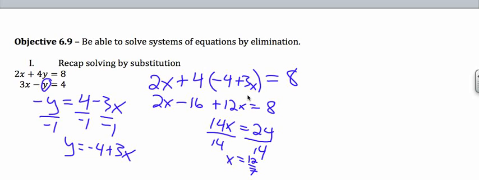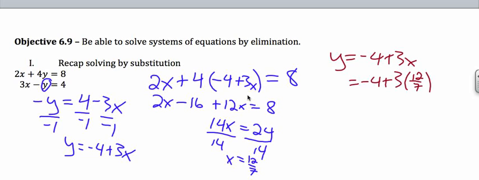So now we go back to where we had y equals negative 4 plus 3x. We take out the x, and we write 12 over 7. And we could probably at this point just type negative 4 plus 3 times 12 over 7 into our calculator, and it would give us an answer, and we could have our calculator make it into a fraction for us. I prefer to do it by hand.